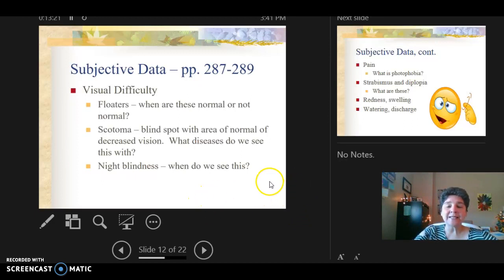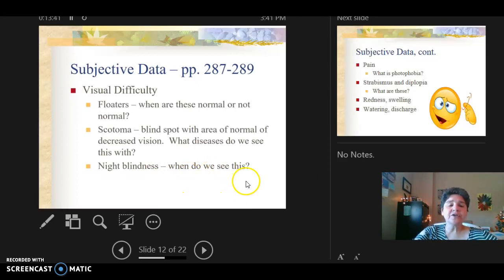You can get them at any time, but that's when we see them most often. And again, these are normal. However, if you start to have a lot of these, or you start to have other problems with the eyes, you want to be very careful and have the person go in to be seen.